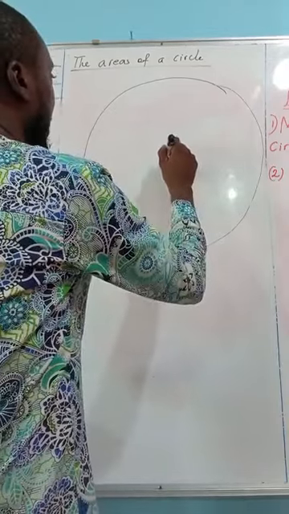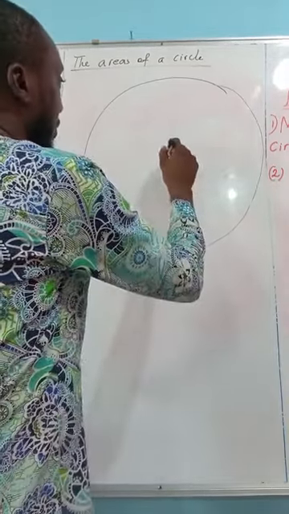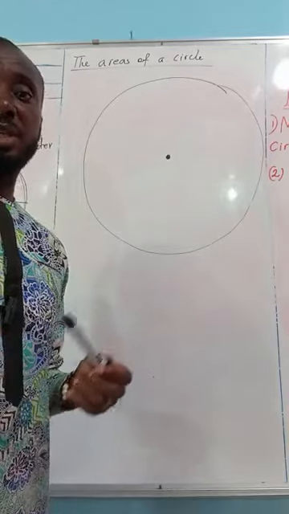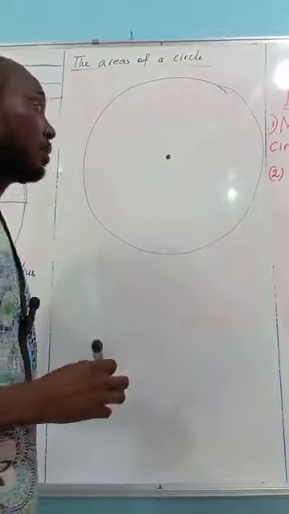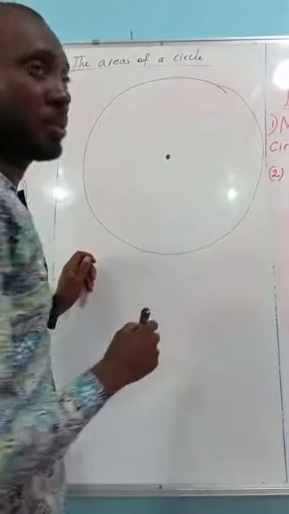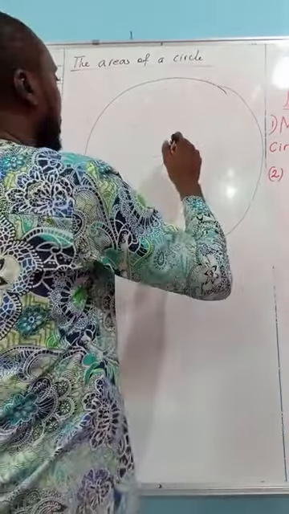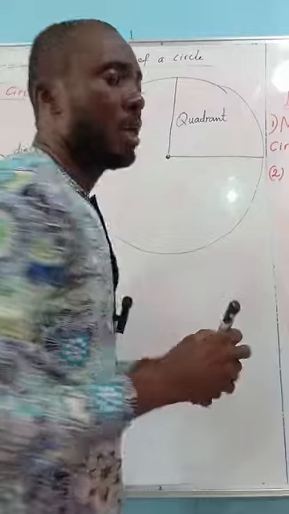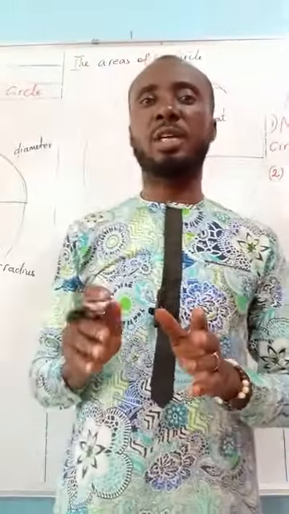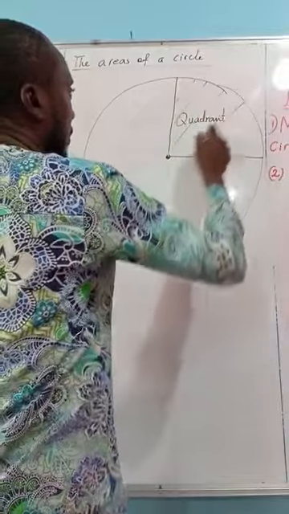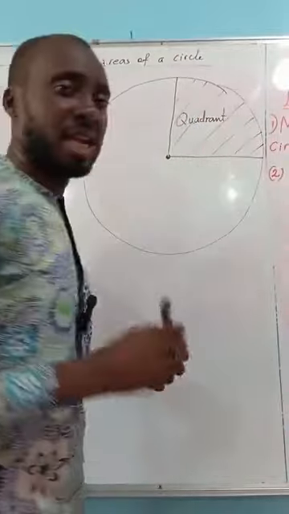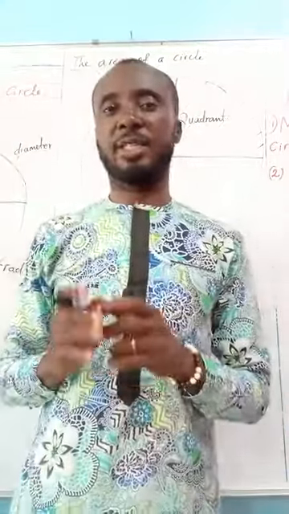The first one we're going to be talking about is the quadrant. A quadrant is one quarter of a circle. That is an area of a circle.